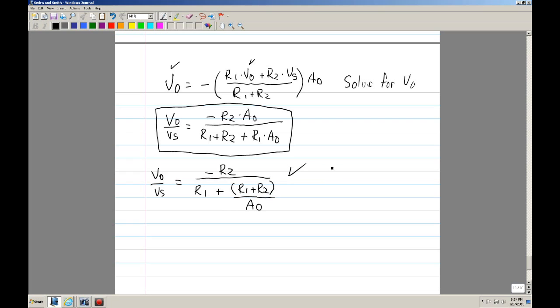Let's assume A sub O goes to infinity. It's in the denominator, so this term goes to 0, and then all of this is just that. We're going to go ahead and move this.